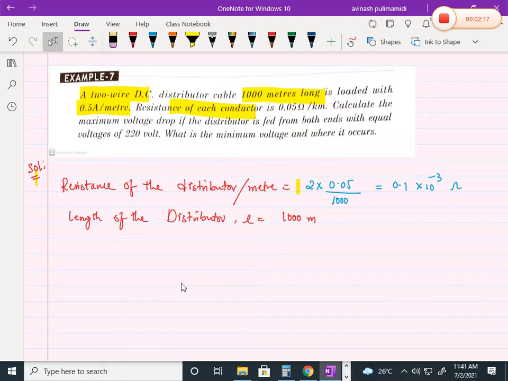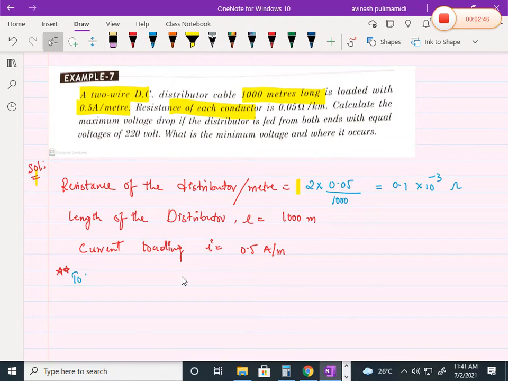Next, current loading: I is equal to 0.5 ampere per meter. Next, total current supplied by the distributor is nothing but I into L. You have to remember this point. Let me put 2 star marks.